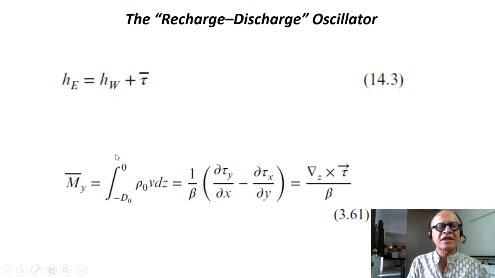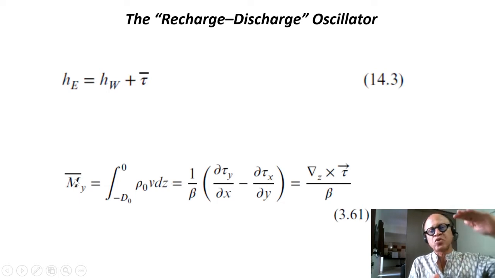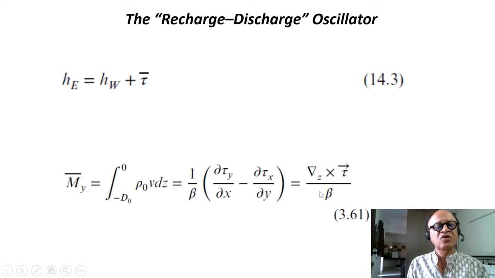And remember that what is additional here is coming from our Sverdrup theory, where we had said that if there is a wind stress curl, then we can derive an integrated meridional mass transport that is related to the curl of the wind stress. And since this is beta, there is no problem computing this on the equator.